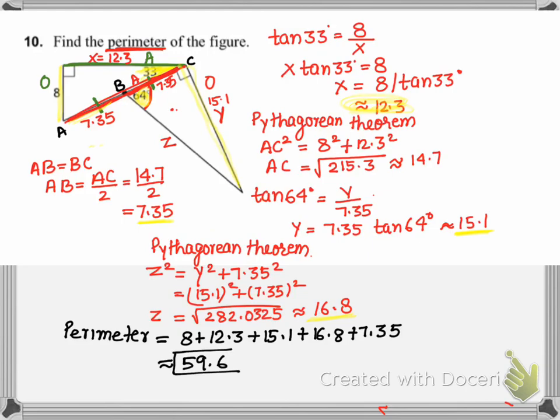That's my answer by nearest tenth. So I rounded it to the nearest tenth. If they don't tell you, you can just round it how you want to. 59.6.